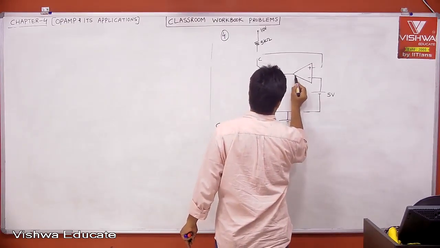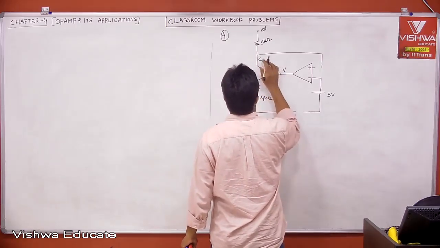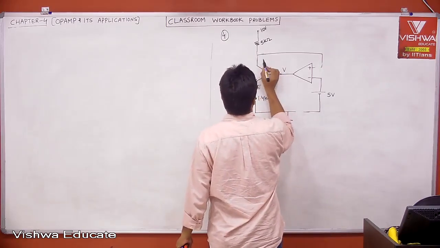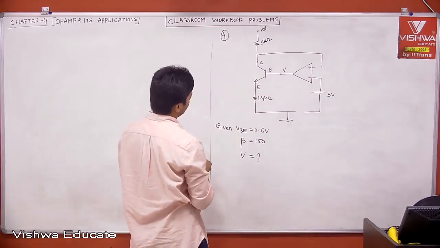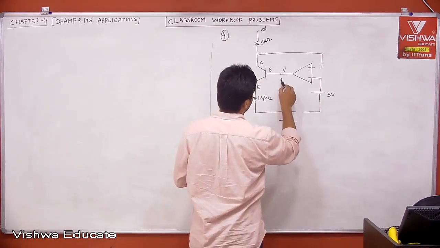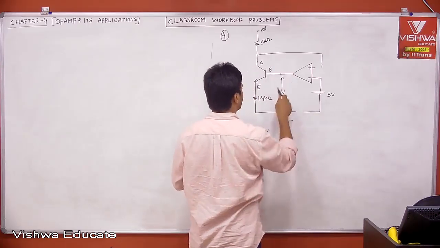Original problem. This is what we need to find V. Okay, and this is the collector. Now, what is V? Can I say this is nothing but V? This is nothing but V, because voltage at this point with respect to ground, right? That is what is V.